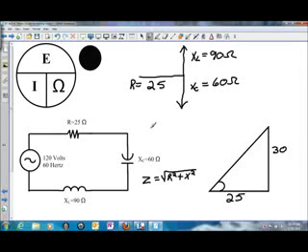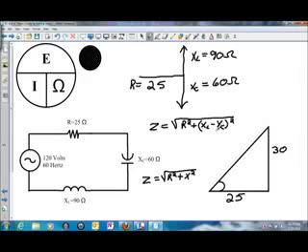Or you can use a modified version of Pythagorean's theorem and use the square root of R squared, because that number is not going to change, plus the difference of the inductive reactance and the capacitive reactance, and that value squared.